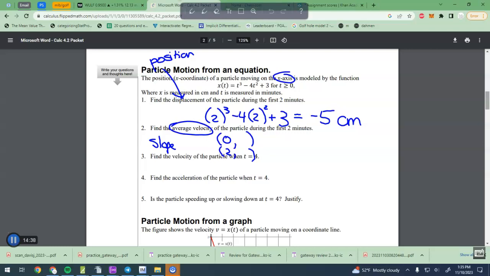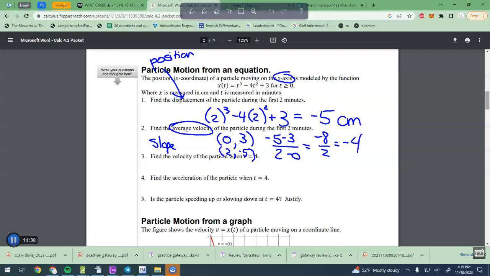What's my position? 3, because if I plug 0 in, it'll be 0 minus 0 plus 3. And then when I plug in 2, what do I get? Negative 5, that's what I just did. And then you just find the slope between those. So it'll be negative 5 minus 3 over 2 minus 0. So negative 8 over 2, or negative 4.